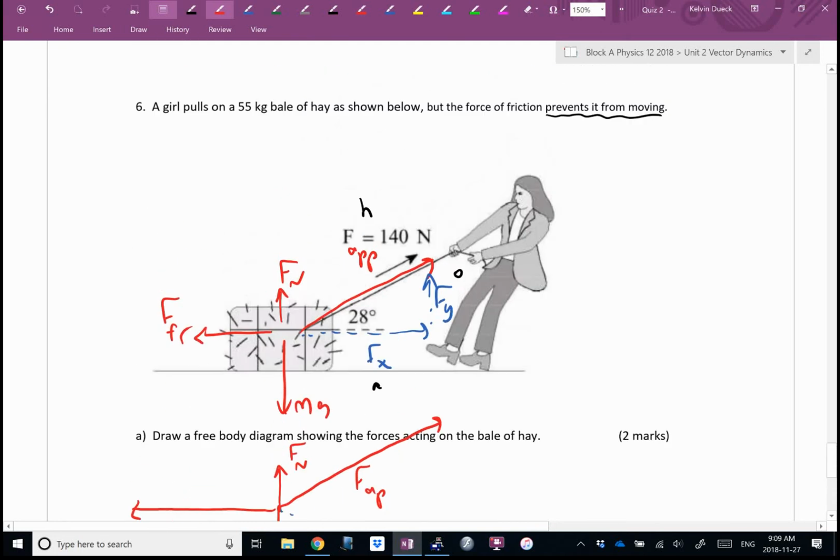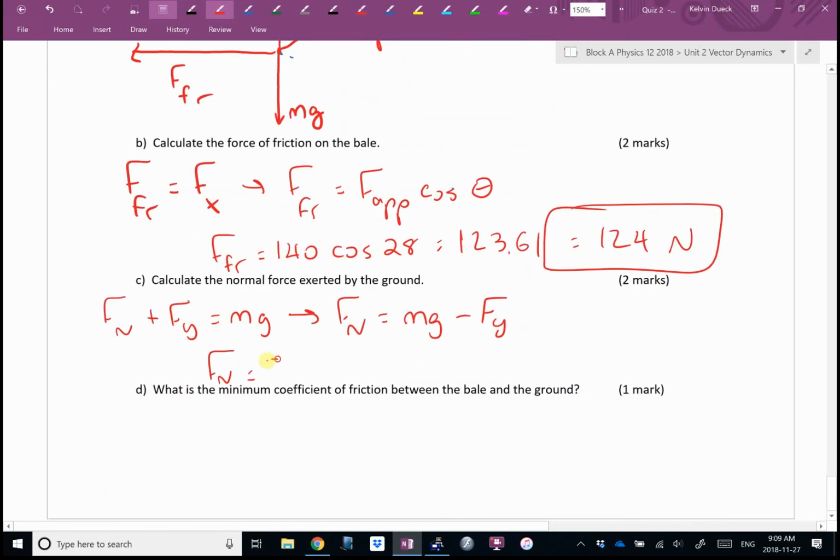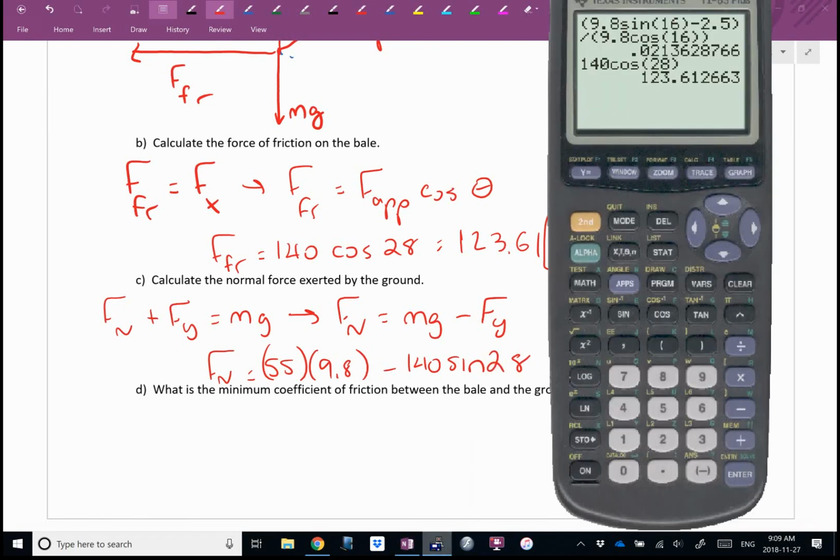What was m? 55 times 9.8 minus Fy. I think Fy is going to be 140 sine 28. Do you get a normal force of 473.27? 473?